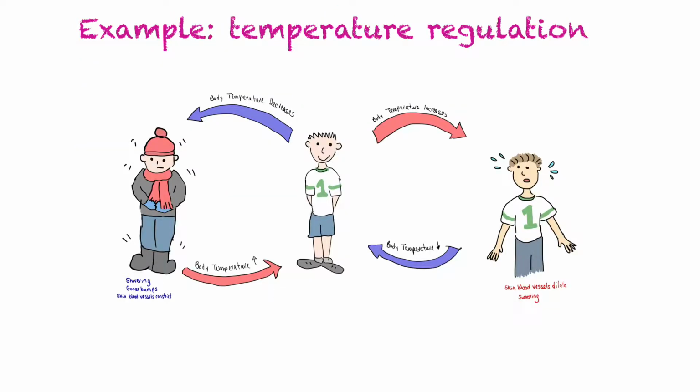We'll look a little bit deeper into temperature regulation because that's one of our classic examples that we use to describe negative feedback loops. So here is a person and they're happy, their body temperature is what they want, but if they get overheated and their body temperature increases, there are going to be changes set into place to bring the body temperature back to the acceptable level.